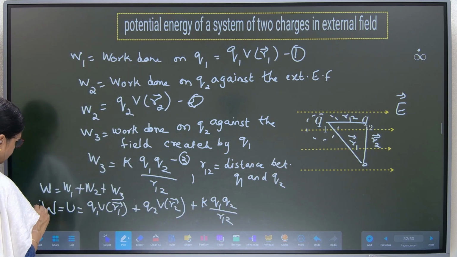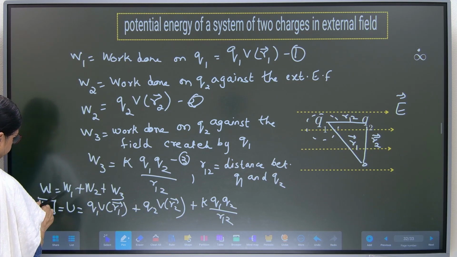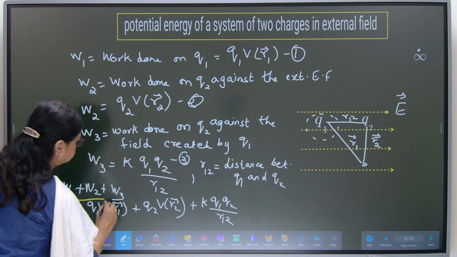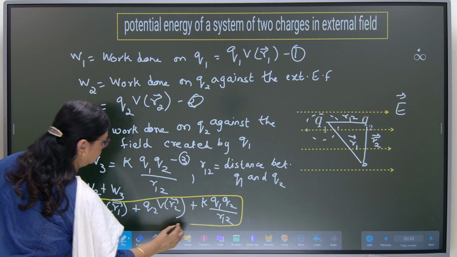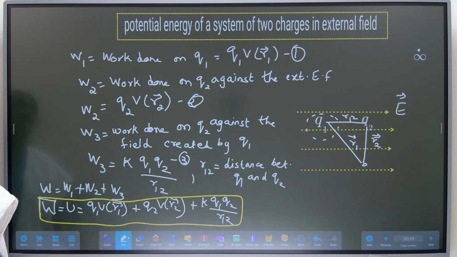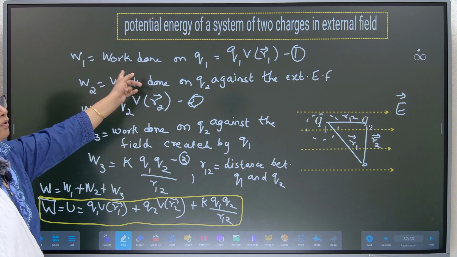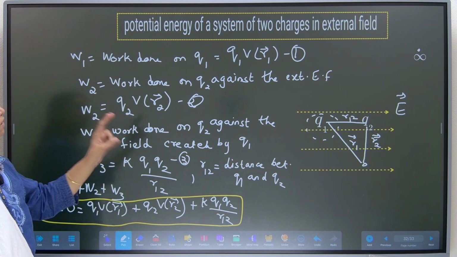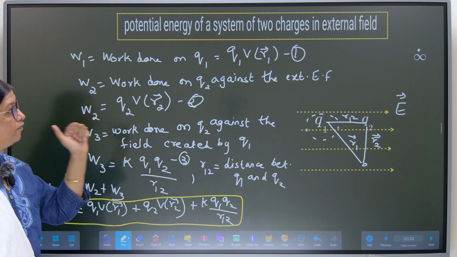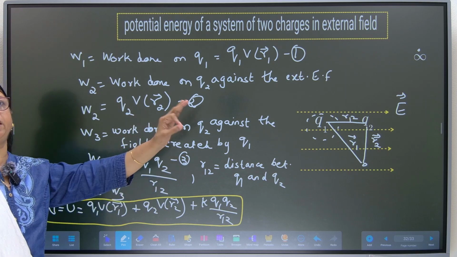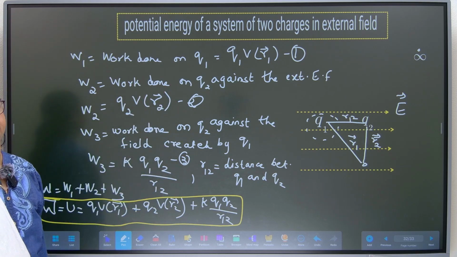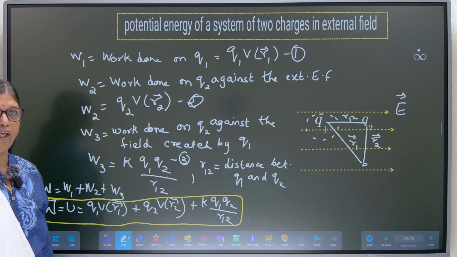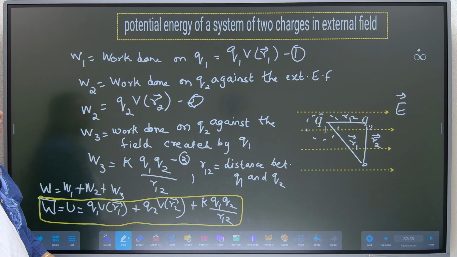Fine. So this is the work done or the potential energy of the system of two charges in the presence of an external field created by some configuration. Okay. So I hope you have understood.